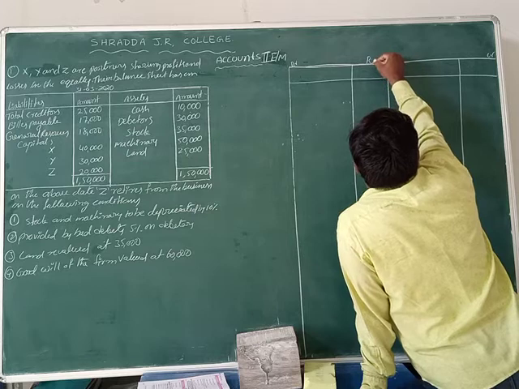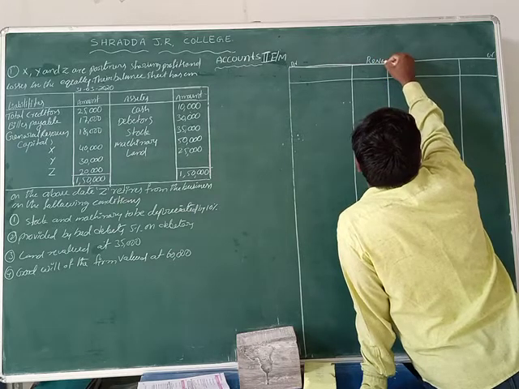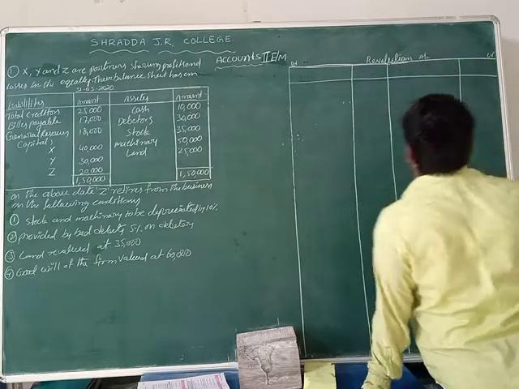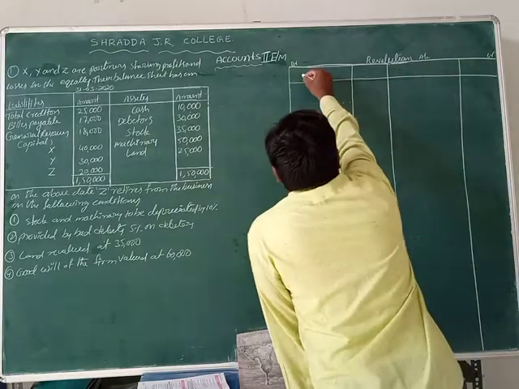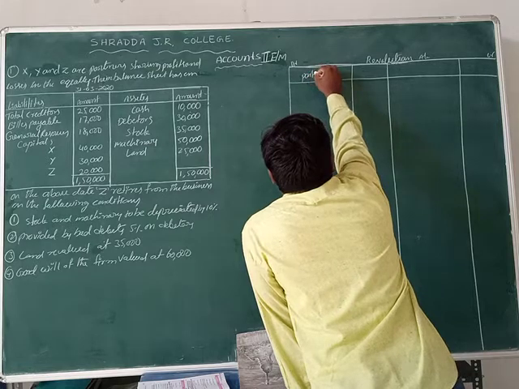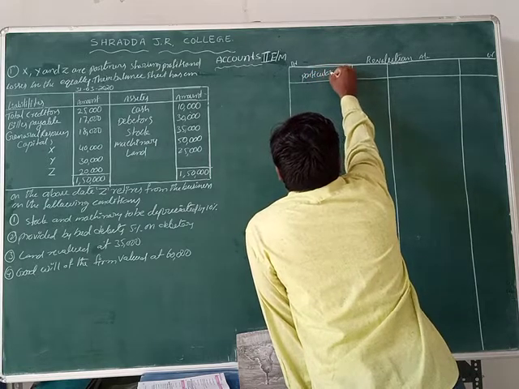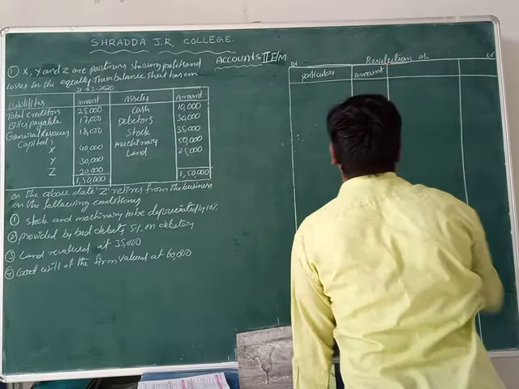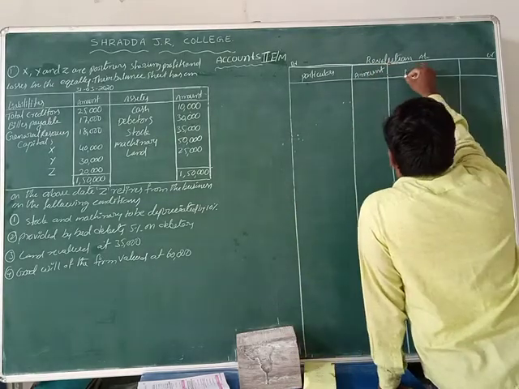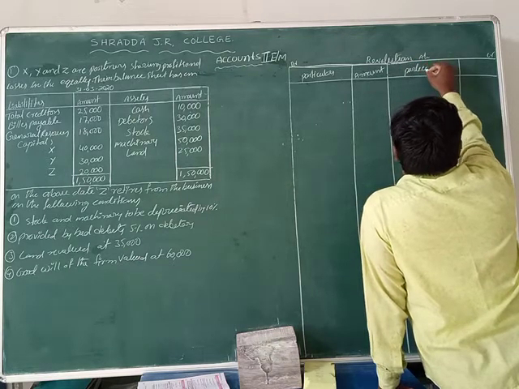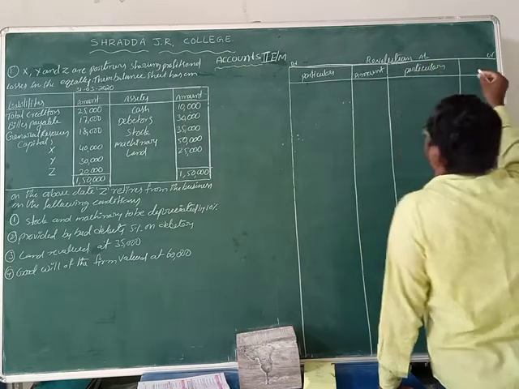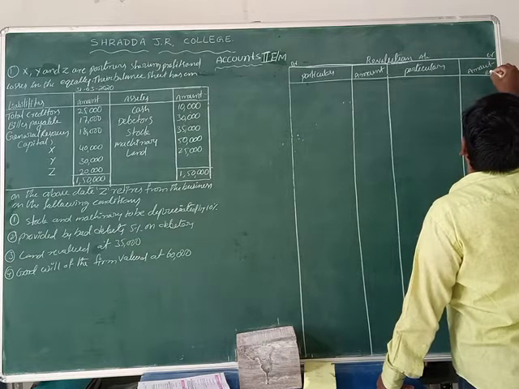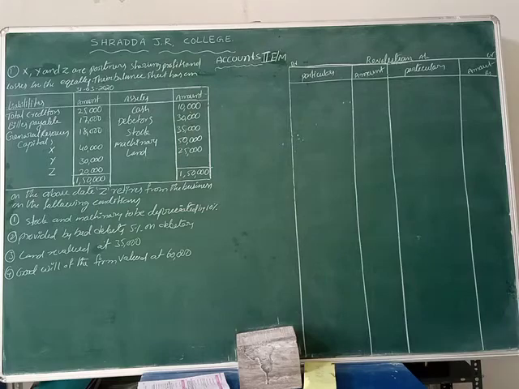It is a revaluation account. So first particulars, second amount, third also particulars, and another one amount rupees. This is the revaluation account format.